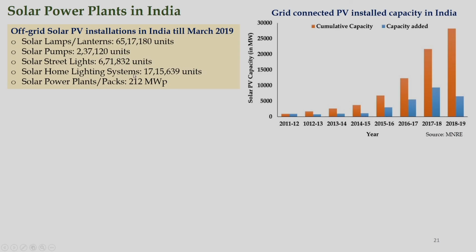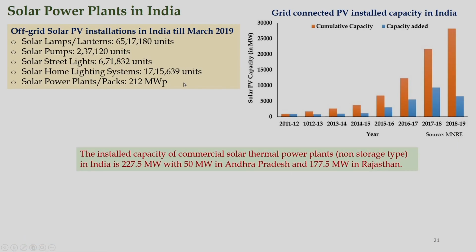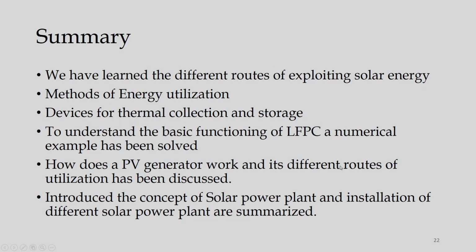Solar home lighting systems are about 17 lakhs 15,639 units. Solar power plants of about 212 megawatt peak capacity have already been installed. The installed capacity of commercial solar thermal power plants in India is about 227.5 megawatt, with 50 megawatt in Andhra Pradesh and 177.5 megawatt in Rajasthan.